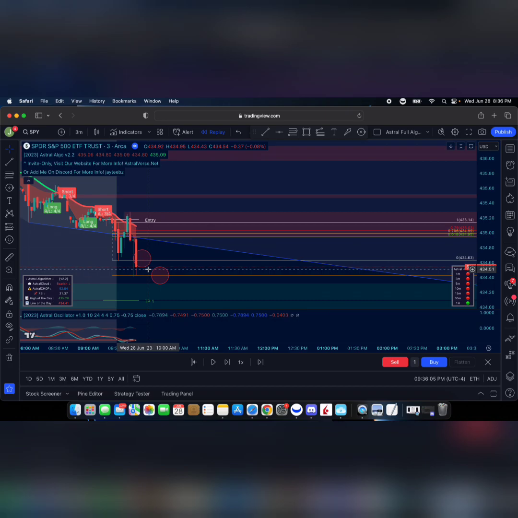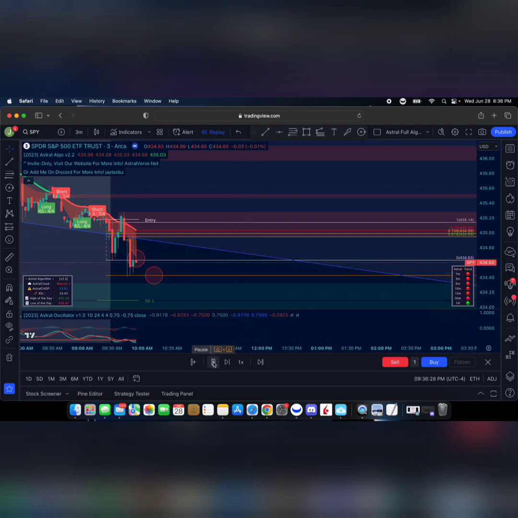You always want to keep watching it because it's 3 minutes, right? You want to make sure you're in for a full 3 minutes for every candle. But you make sure you take profits at the white line and the orange line. And then sometimes, once it touches the orange line, the play stops. So let it play out.